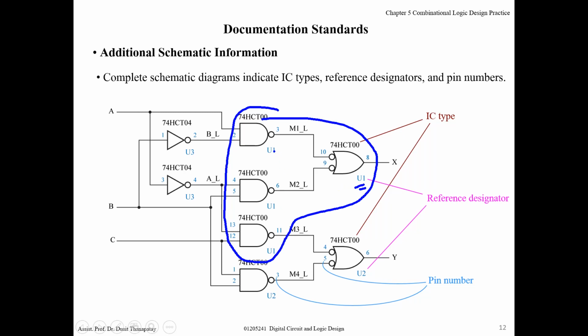U1, all of these are in the same IC, and this one is the second one, U2. So the reference shows the name of the IC, which the user may set by himself.